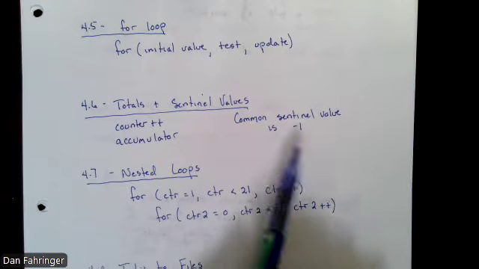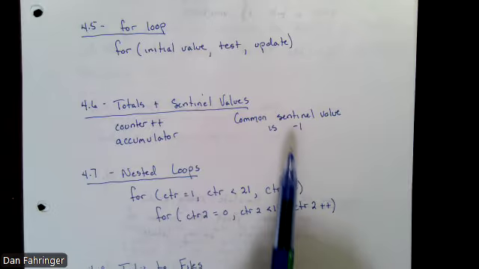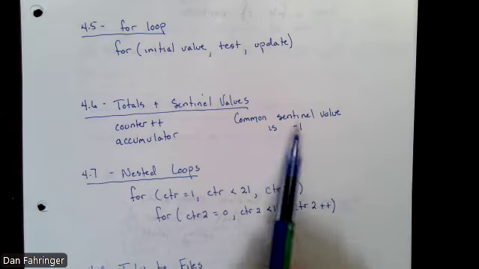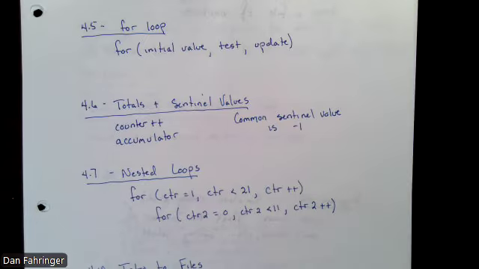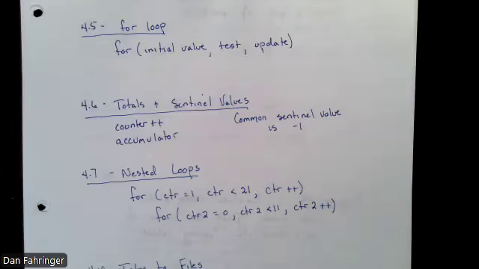We had a special case in here, a sentinel value. Please enter your name, the names in the class. Well, if I don't know how many, I'm probably going to use a while loop, but I need to figure out when to get out of that loop. And a good way is please enter -1 to exit the loop.